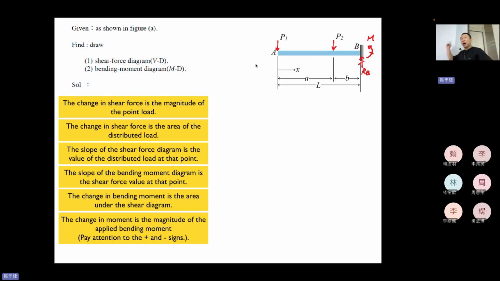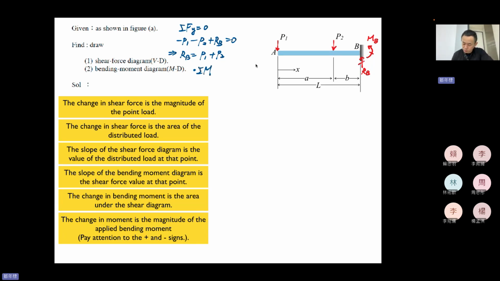So we assume a positive moment in the counterclockwise direction in the force balancing equations, okay? So I call this MB. Let's continue. Sigma Fy equal to 0 is easy, okay? So minus P1 minus P2 plus RB equal to 0. So RB equal to P1 plus P2. Done.